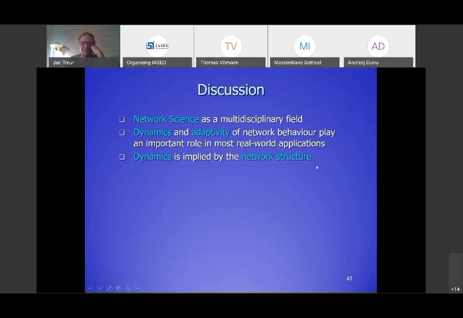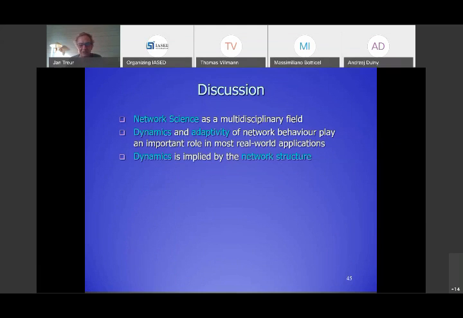That's the whole topic. So I discussed that network science in the broad sense, as a multidisciplinary field, addresses several domains. And in many of these domains, dynamics and adaptivity play an important role. We have the idea of dynamics that's implied by the network structure, and I illustrated it for the dynamics within a network.